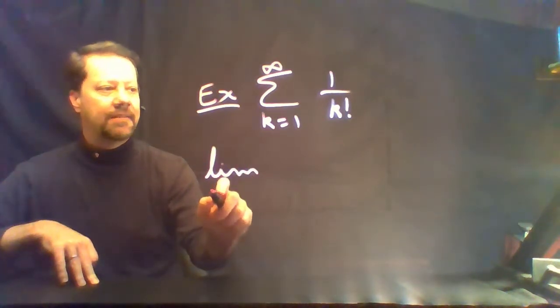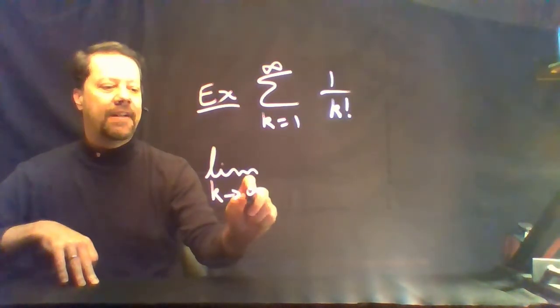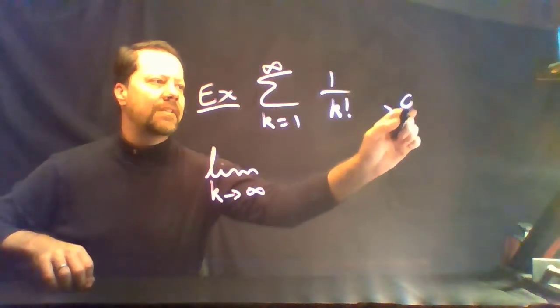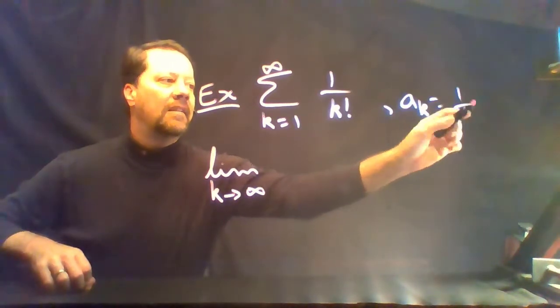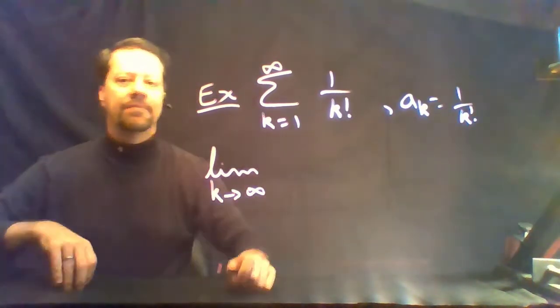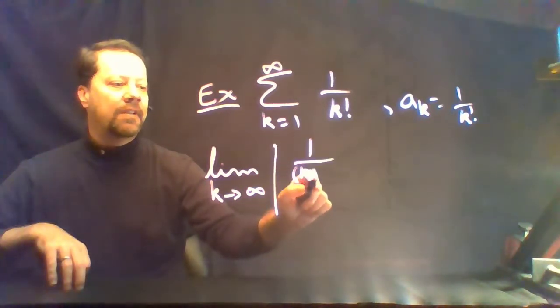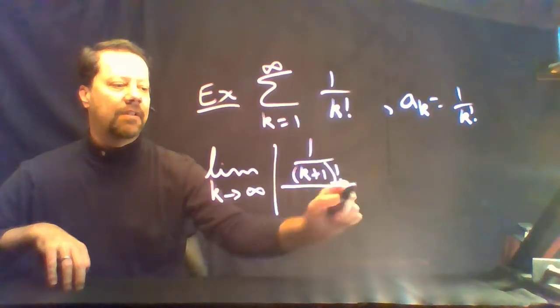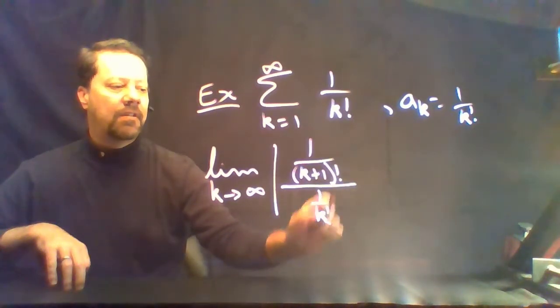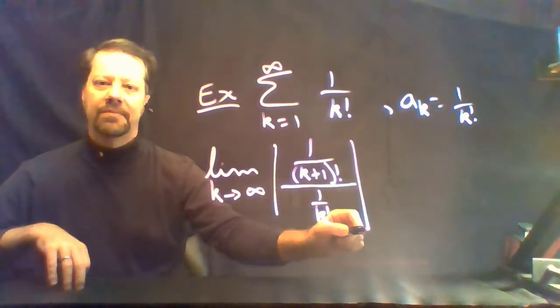We'll take the limit as k goes to infinity. In this particular instance, a sub k is 1 over k factorial. We have to write 1 over (k plus 1) factorial over 1 over k factorial.